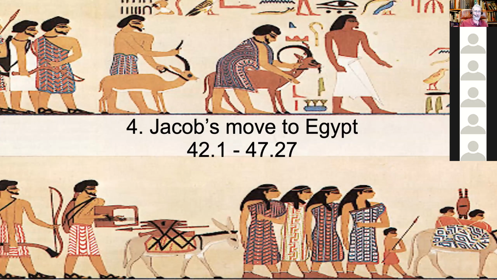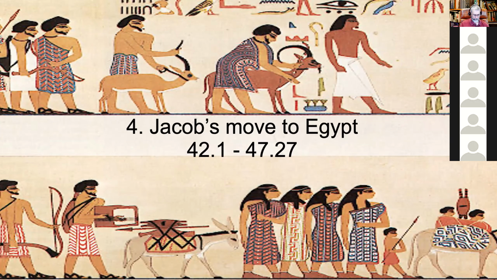This is a picture of long-haired, bearded Syrians coming down with their donkeys and their flocks to Egypt. This is probably very much like what Jacob and his sons looked like when they finally got down to Egypt.